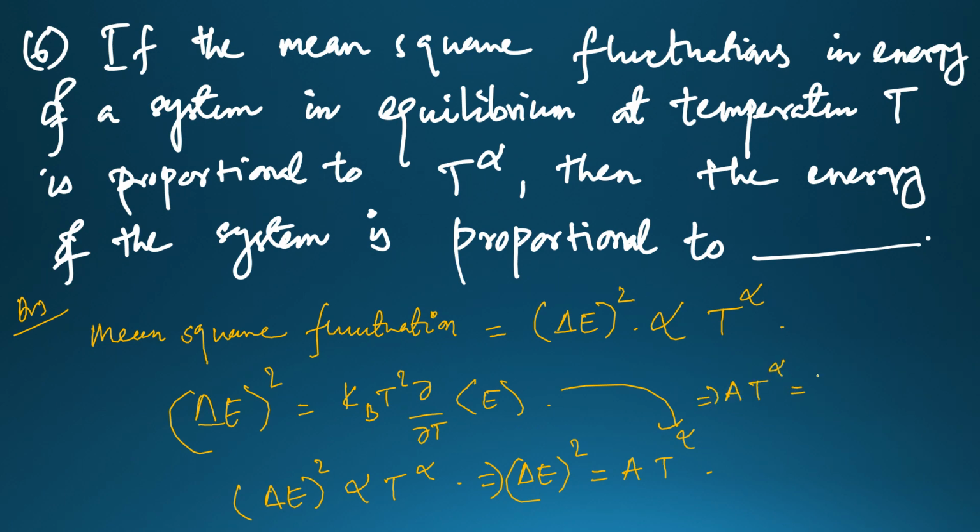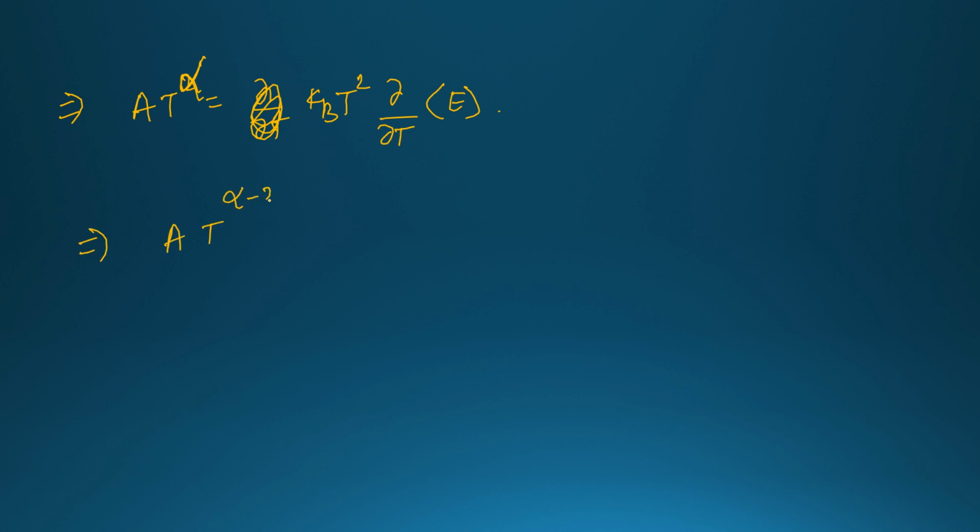A T to the power alpha is equal to kB T squared del by del T of E. I will take this T squared to this side, so it will be T to the power alpha minus 2.